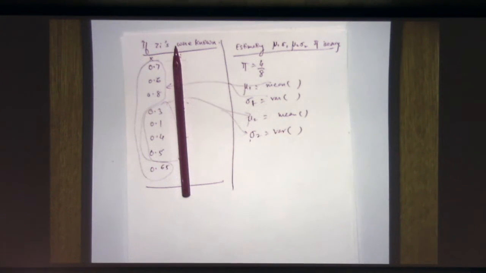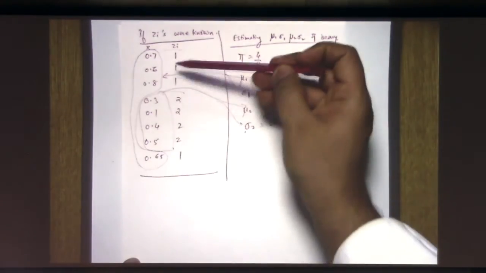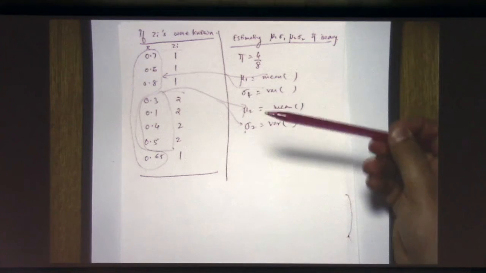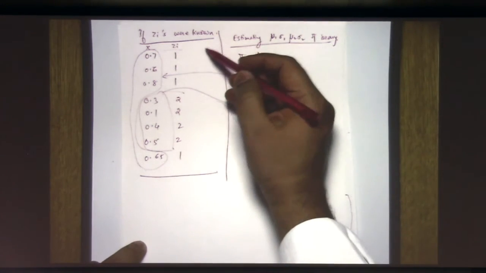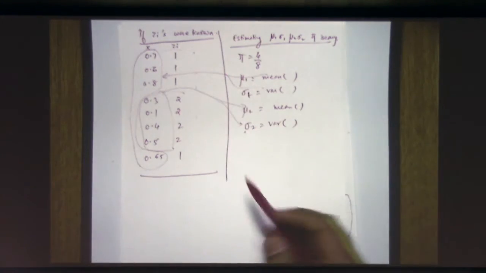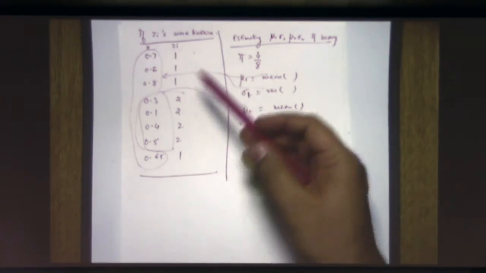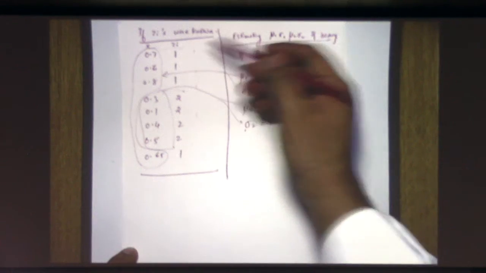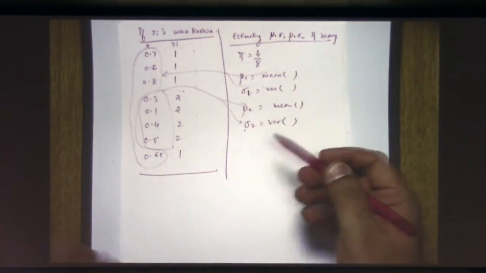One way somebody could say is, how about we explore all possible assignments? Let us say, let's first find out the assignment in which all are ones. Of course, that's a degenerate case, but in that case, we can set mu2 and sigma2 to anything.